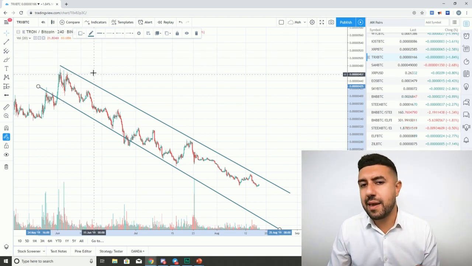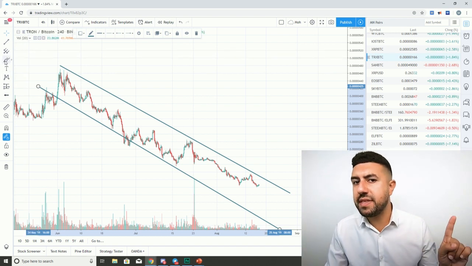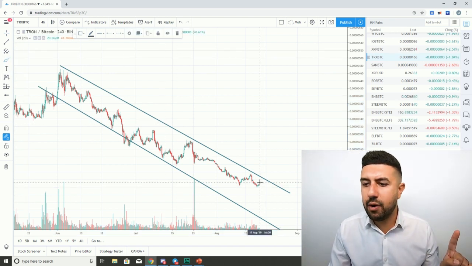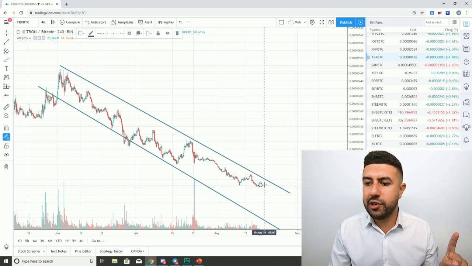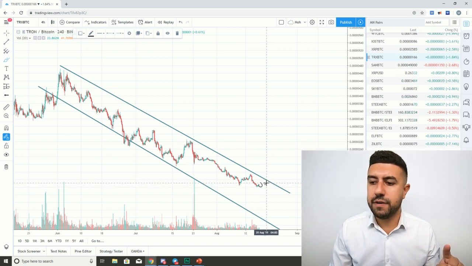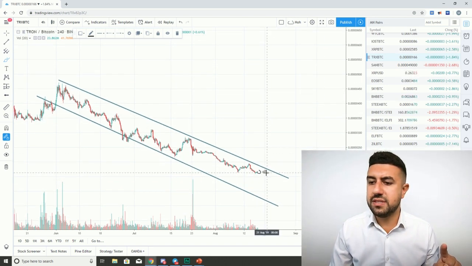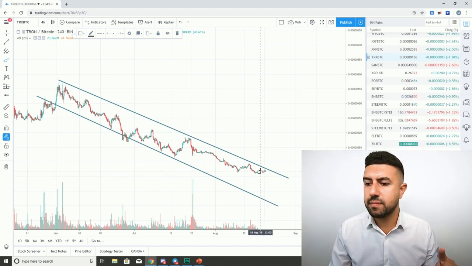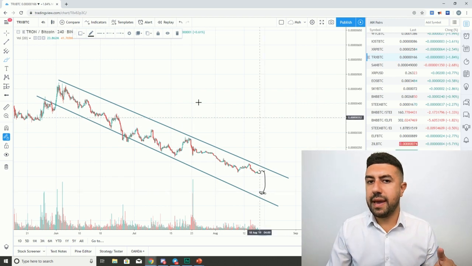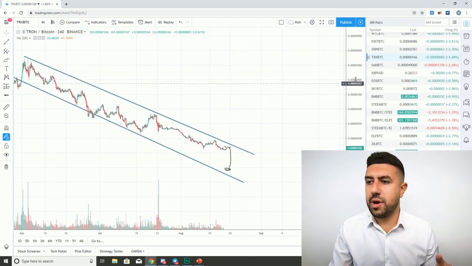Well, let me time my entry. Let me not buy it right now, because if I buy it right now, there's a very high likelihood that it comes here, bounces off the resistance, and then goes back down. And I don't want that.